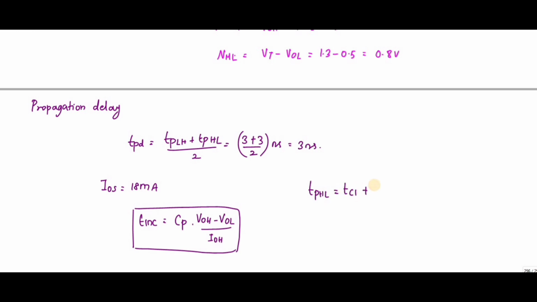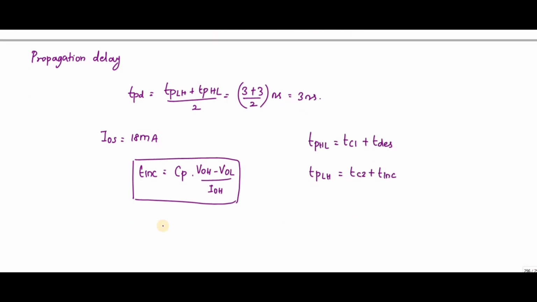And we know that TPHL is equal to TC1 plus TDES, and TPLH is equal to TC2 plus TINC. And what is TDES? TDES is CP into VOH minus VOL divided by IOL.